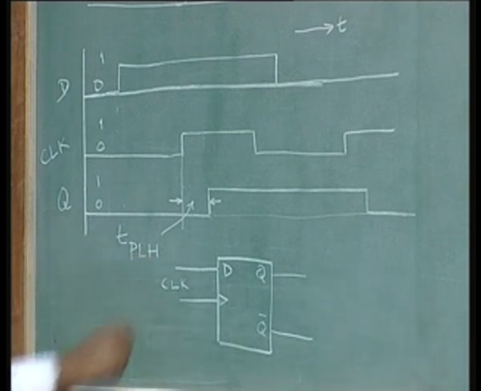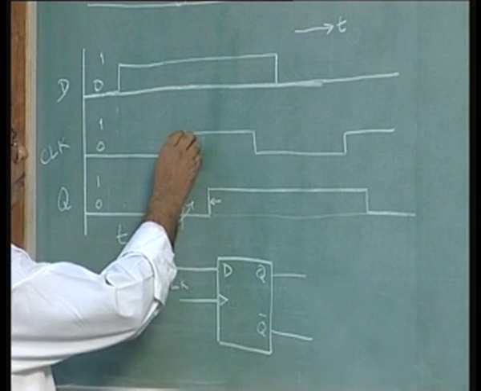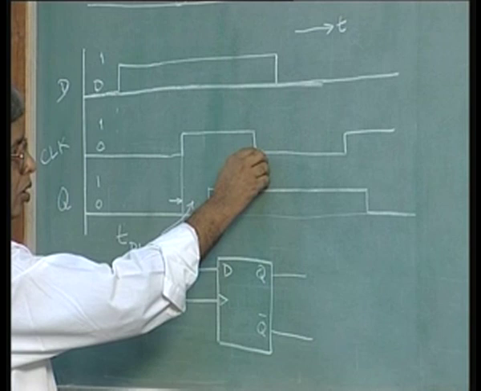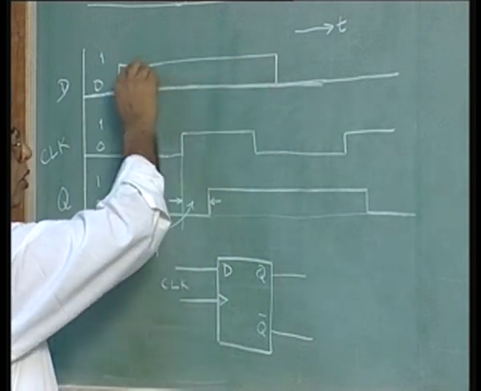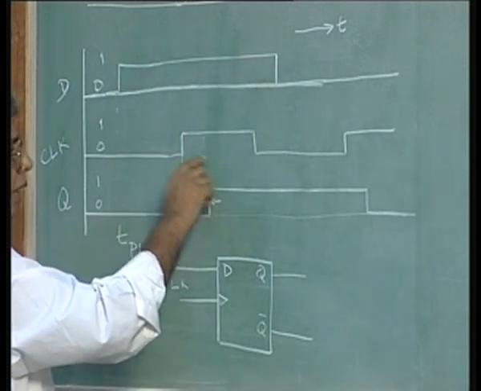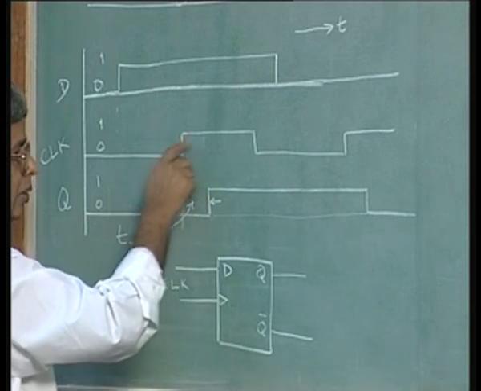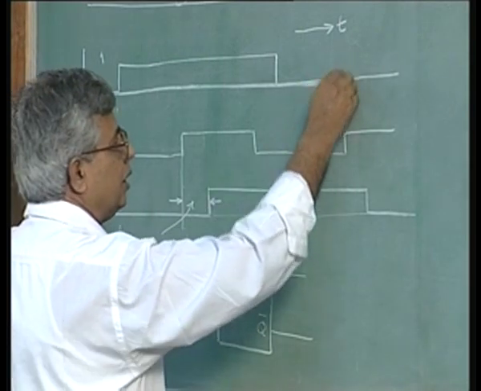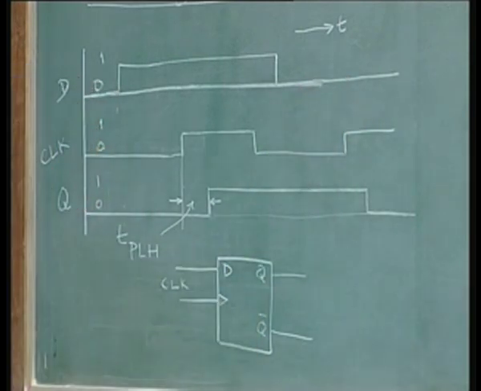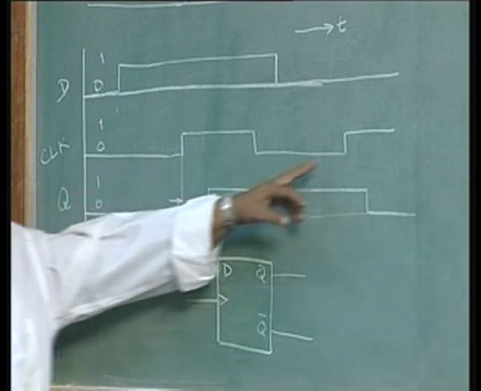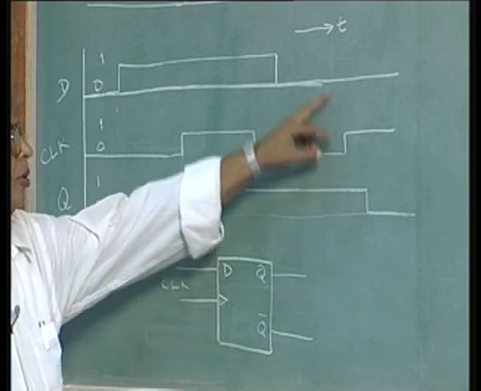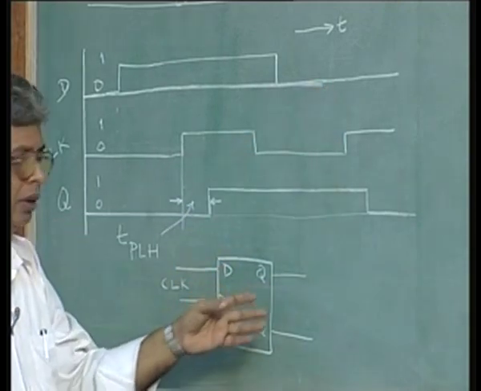Now likewise, when the clock is made 0, the output does not change because output continues to be D, and next time the positive edge occurs, only the input will be looked at, and when that happens we see that the input is 0. D has already become 0 before the second clock edge, at which time the input signal will be transmitted to the output.